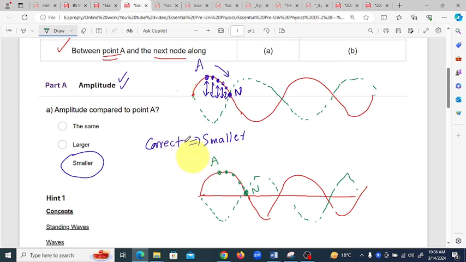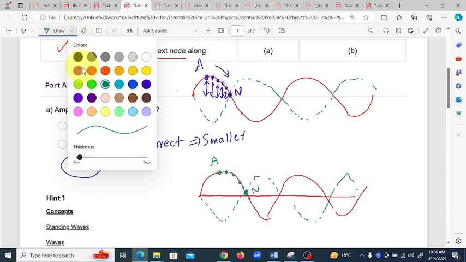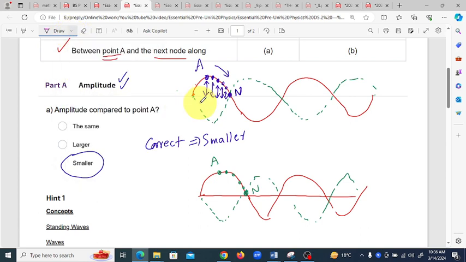Now, all these particles are moving downward, because this wave is coming downward. All the particles have the same direction. In the case of a stationary wave, the particles just go up and down.